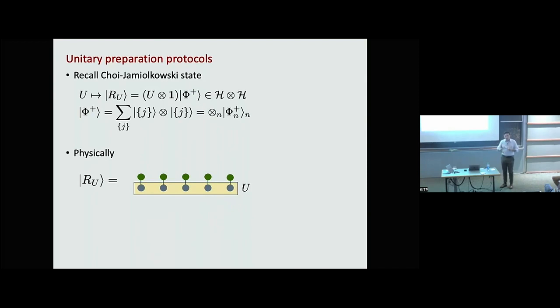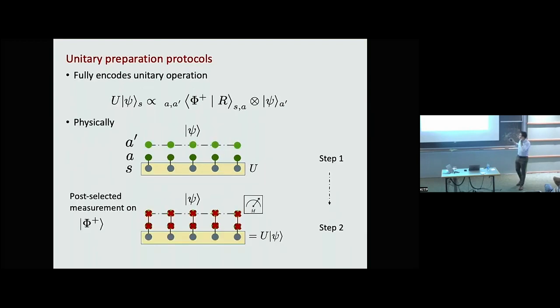Now, suppose that someone comes and gives you the Choi state of some unitary. The thing that you would like to do now is to apply this unitary on a given state. And this would be very easy if you were allowed to do post-selection, because the way that you would do it is, I have my Choi state, someone gives me this state psi, and then I do projective Bell measurements, coupling A and A prime, and it's a simple exercise to show that the output state now will be your U applied to your state.